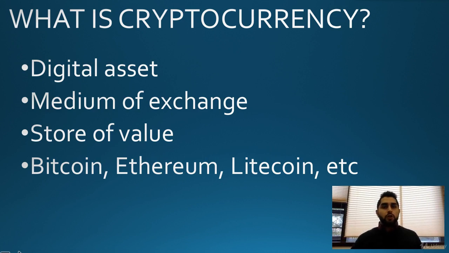All right, so just on the most basic level, it's important to know that a cryptocurrency is a digital asset, and what that means essentially is that you can kind of treat it as almost a digital property or a digital currency. Okay, so it's something that you can use as a medium of exchange, as in you can buy things with it and you can sell things with it.